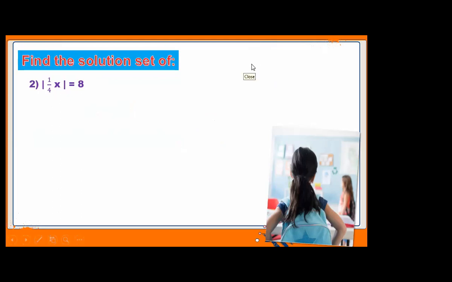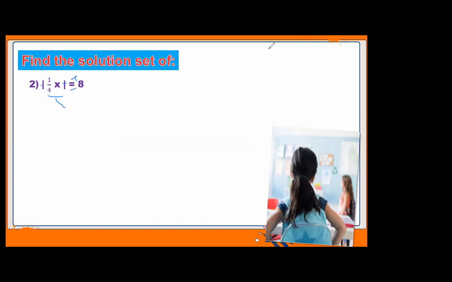So Maya, beta, in this question you can see the mod on the left hand side. When you remove the mod, because everything on the left hand side is written inside the mod, you get 1 over 4 x, which is equal to, on the right hand side, plus minus 8.